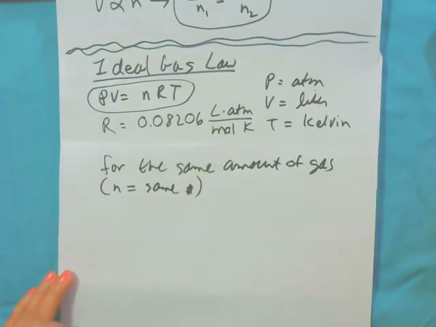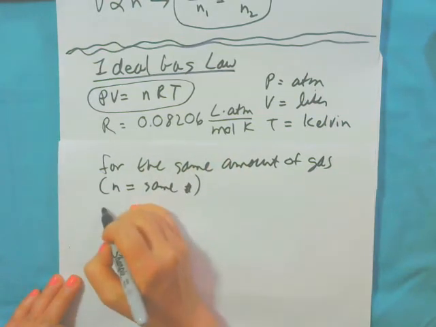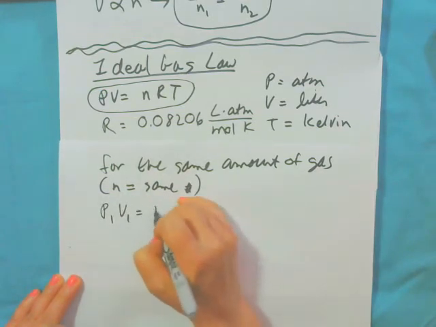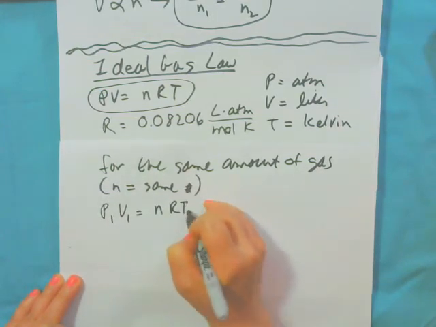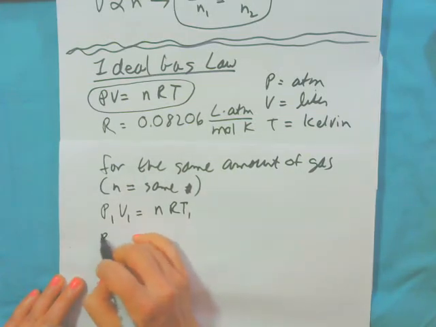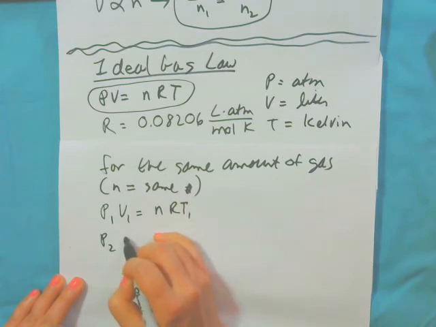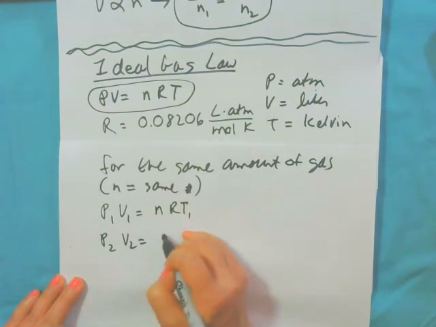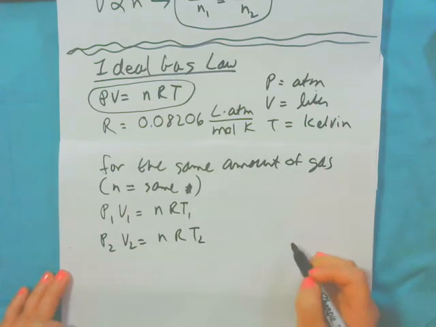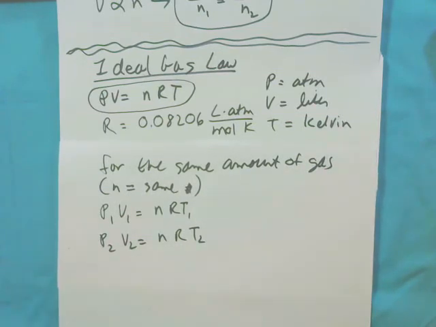If I had two different conditions, so if I have P1 V1 is equal to nR T1, and then I had the same gas at different conditions, same amount of gas, where I have P2 V2 is equal to nR T2. I now have two ideal gas laws for the same amount of gas.